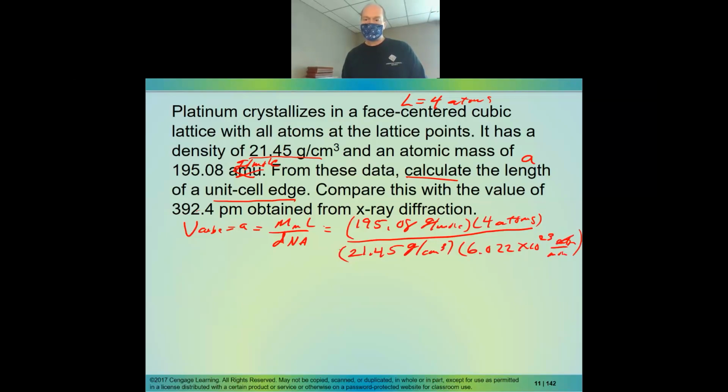And so the atoms will cancel the atoms, the moles will cancel the moles, the grams will cancel the grams, and you're going to end up with no units on top, and in the denominator, 1 over centimeters cubed, so you invert and multiply, and so you have centimeters cubed.